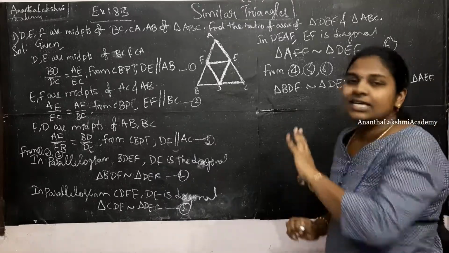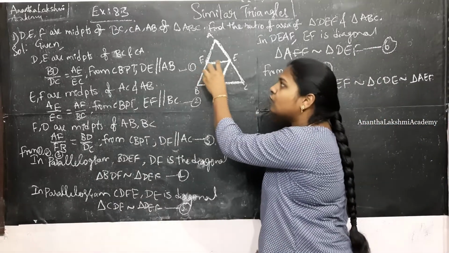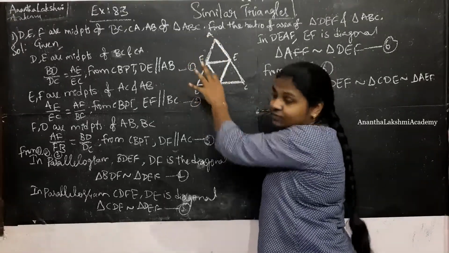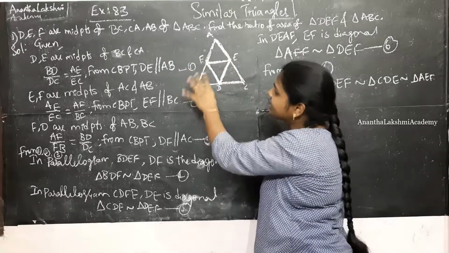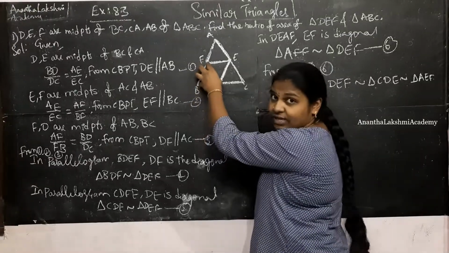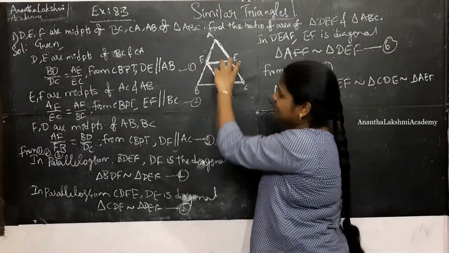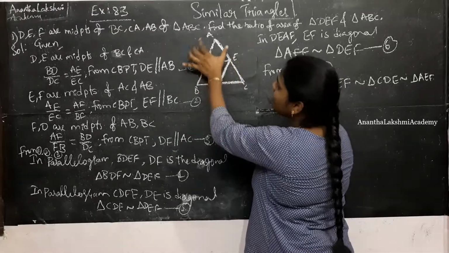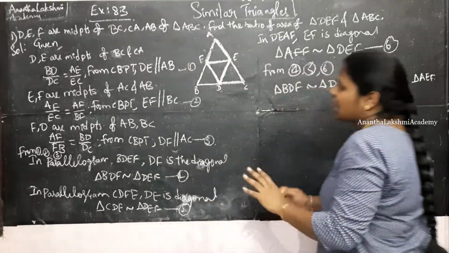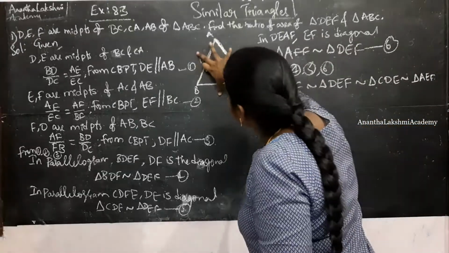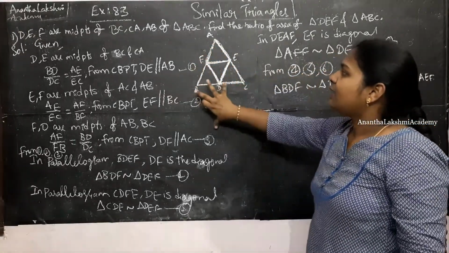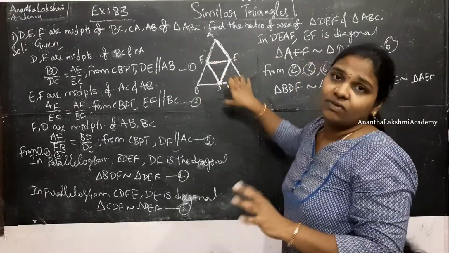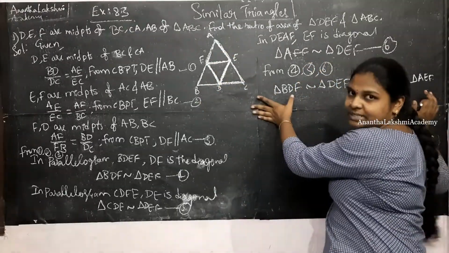Now what are these? These are nothing but the small 4 triangles which are formed in the triangle because of these midpoints, isn't it? BDF is a triangle, DEF is a triangle, DCE is a triangle, and EFA is a triangle. So area of triangle ABC is nothing but 4 times the area of any of the triangles, since all of them are similar.